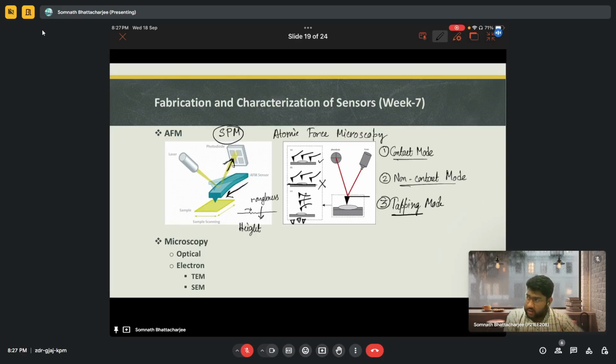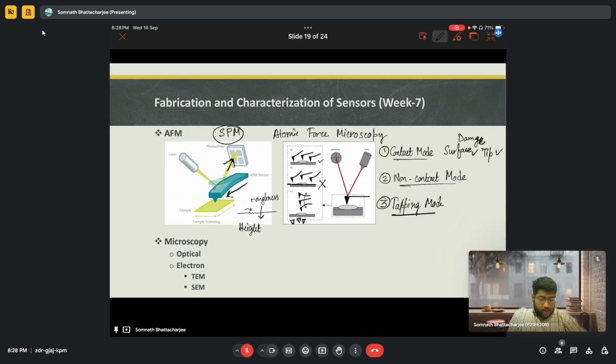So what's the basic difference? In contact mode, there will be surface damage and also tip damage. If it's an organic or polymer material, the surface will get totally damaged, you won't get the data, and your sample will be destroyed.